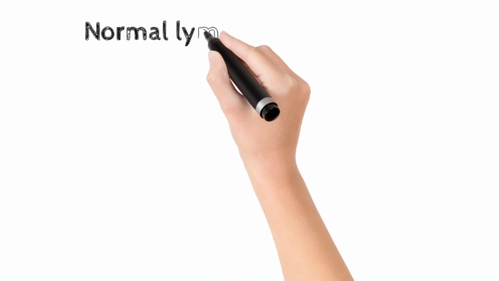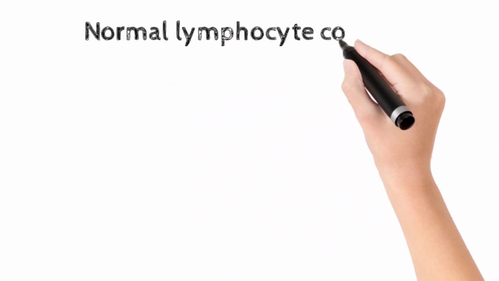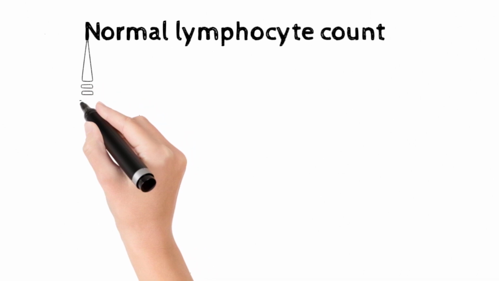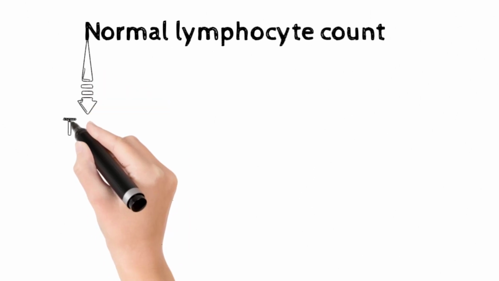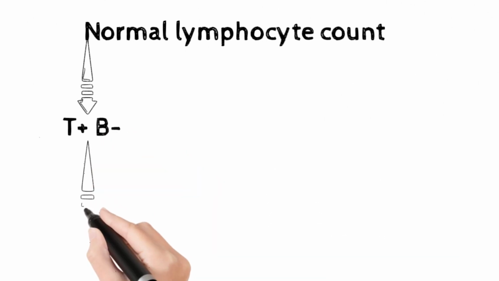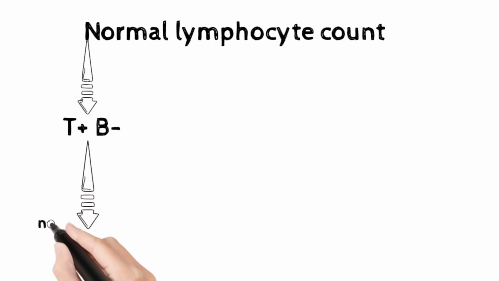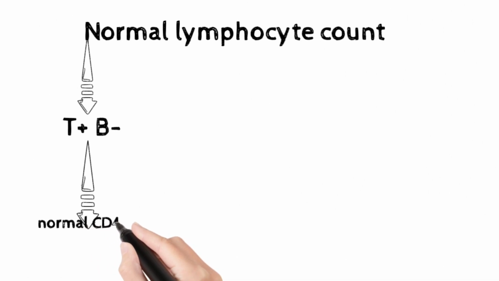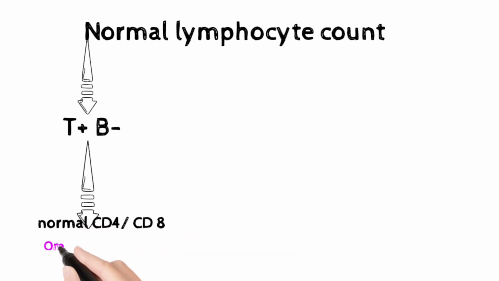Now, in many situations with combined immunodeficiency, we get normal lymphocyte count and only T cells present, B negative, with normal CD4 to CD8 ratio.